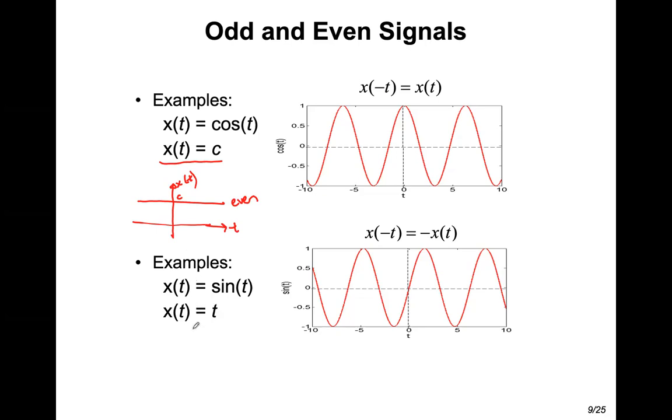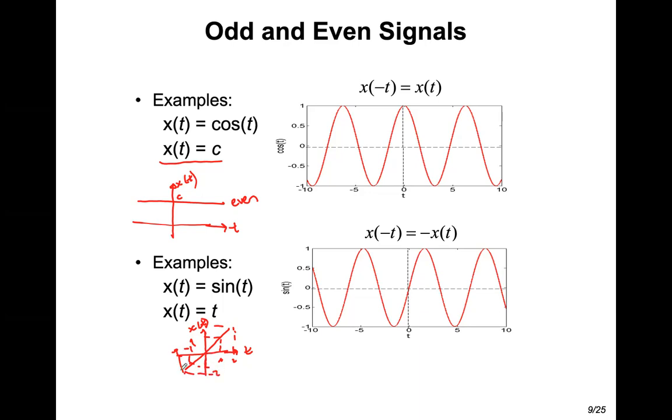For example, x of t is equal to t, like this, right? This is t, this is x of t. If t is 1, the output is 1. If t is 2, output is 2. If t is minus 1, output is minus 1. If t is minus 2, the function value is minus 2.